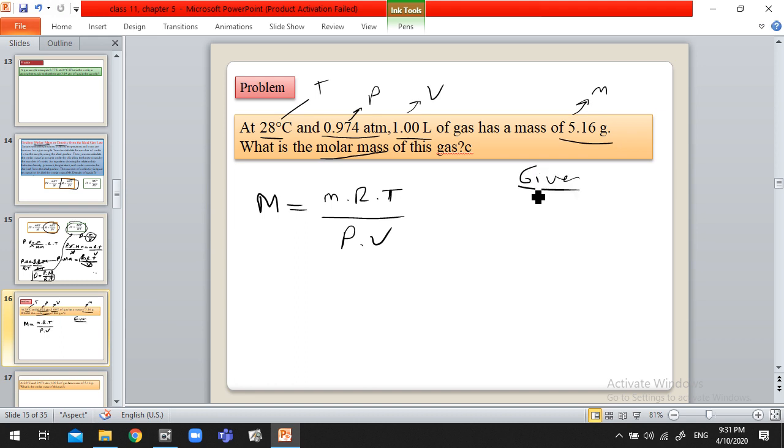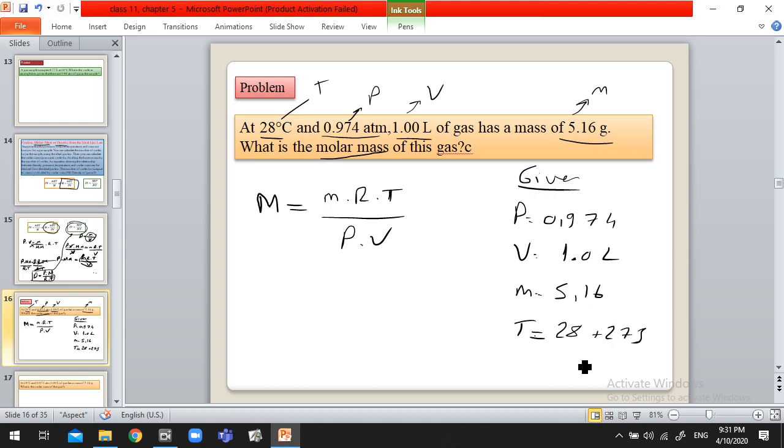Given: pressure 0.974, and the volume is 1.0 liter. The mass is 5.16 and temperature is 28 Celsius. If you add 273, it will be 301 Kelvin. Also, you know R, 0.082.